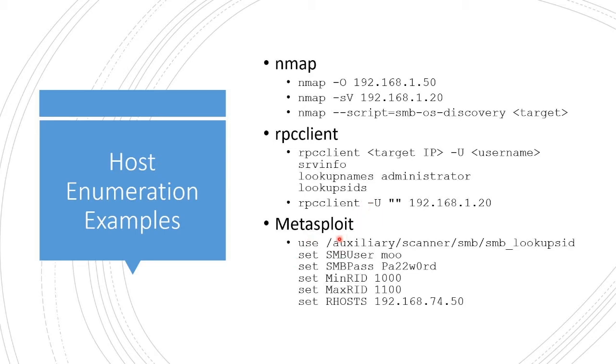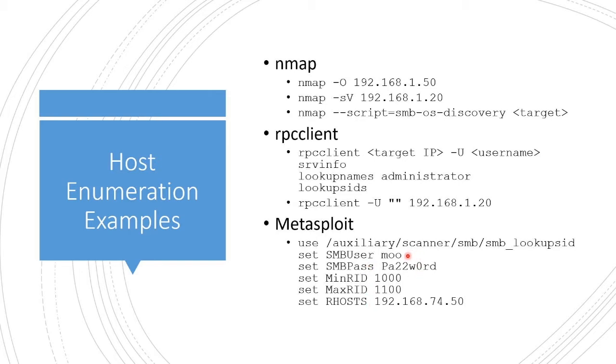You can also use Metasploit. Metasploit has a number of modules to do enumeration. So here's just one example. Most of the enumeration modules fall in the auxiliary category, in the scanner subcategory, and then you go by protocol like SMB, and then you go to the actual module. So this one is smb_lookupsid. And then you set some parameters like, I know a user named Moo.